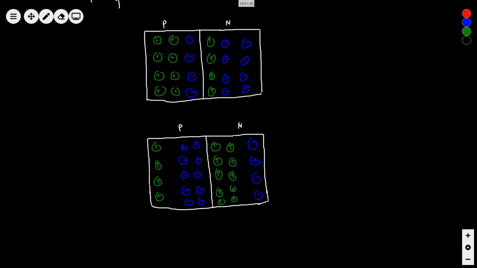Now if an electron on the n side wants to diffuse toward this hole, it won't be able to, because it will be repelled by this electron. Why? Now a negative voltage has appeared here and a positive voltage has appeared on the n side.